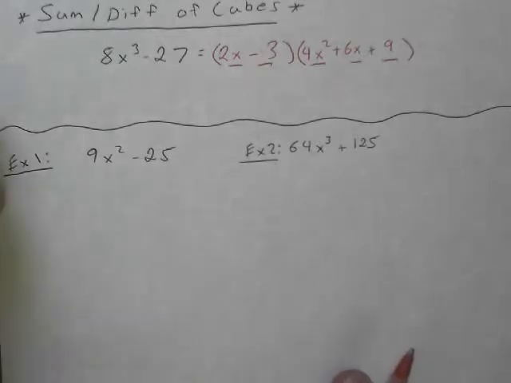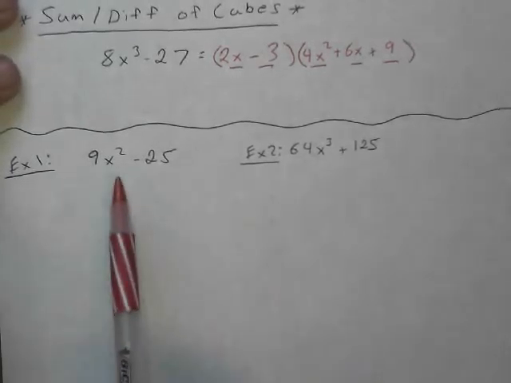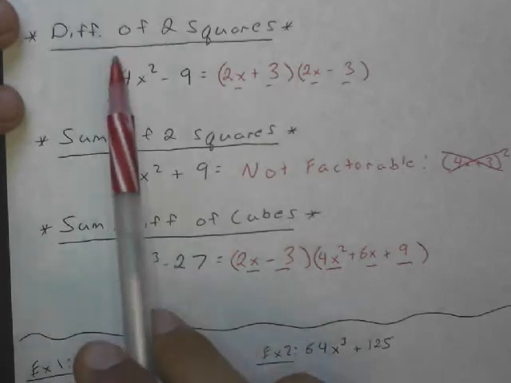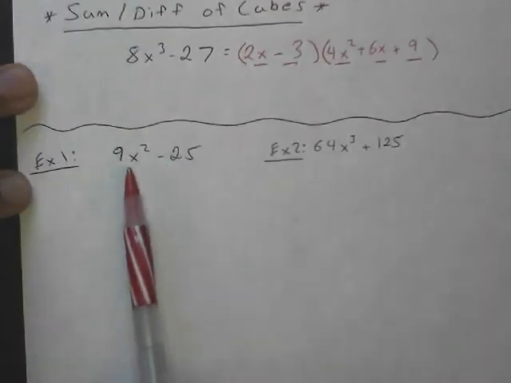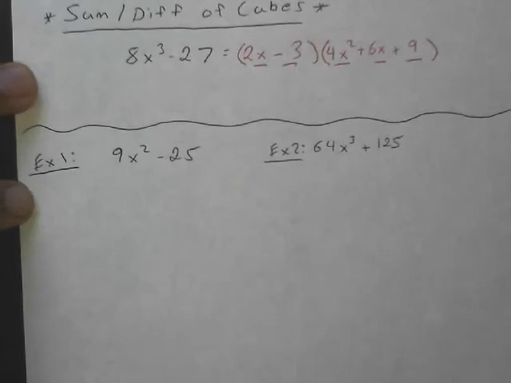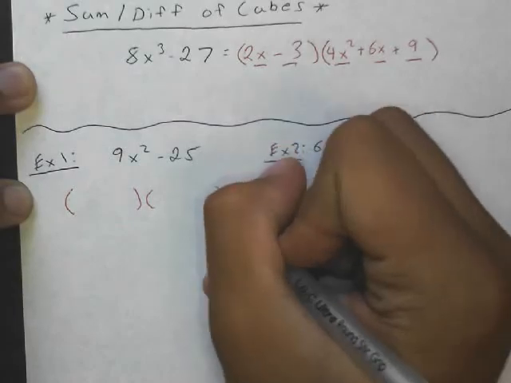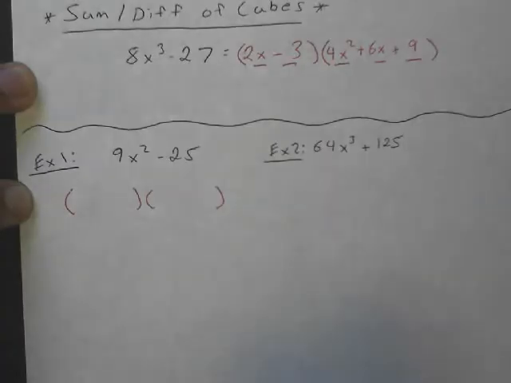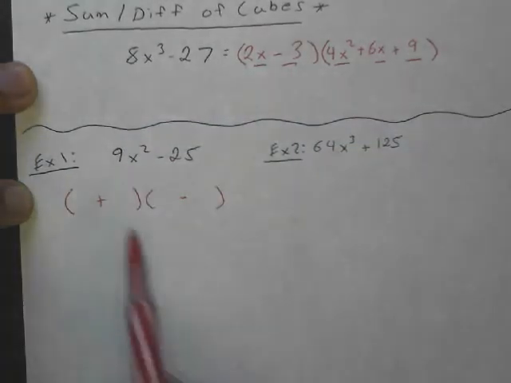Okay, hopefully you have time to factor both of these. In example 1, we have what we've had up here, a difference of two squares. Again, difference, minus sign, and everything in here is a perfect square. So this is going to factor into two binomials, and I know that they're going to end up one being positive, one being negative, and same terms in between.